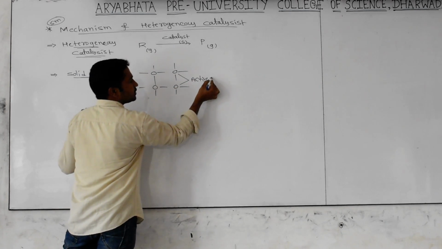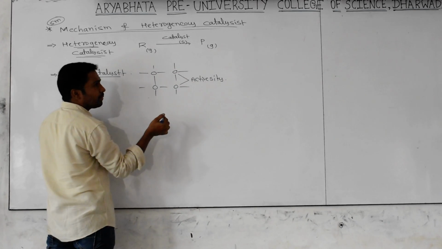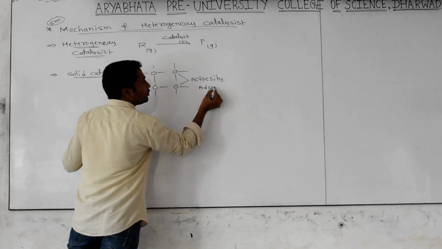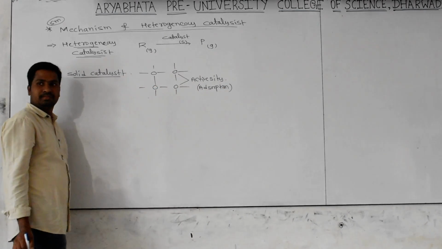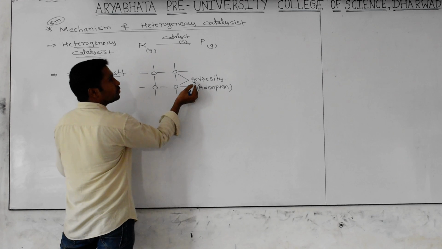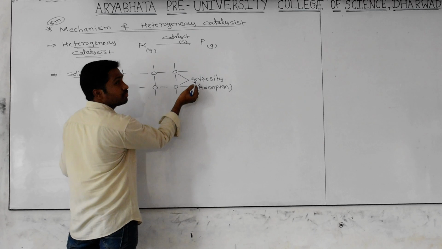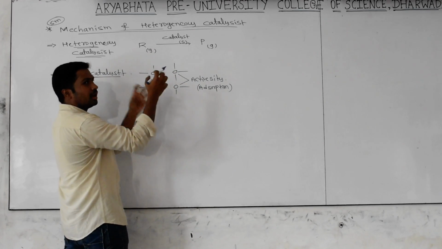There only, which phenomenon is going on? Adsorption will be going on. That is special because these active sites or active centers have an unbalanced or residual force of attraction. That's why they are always ready to catch something on them.